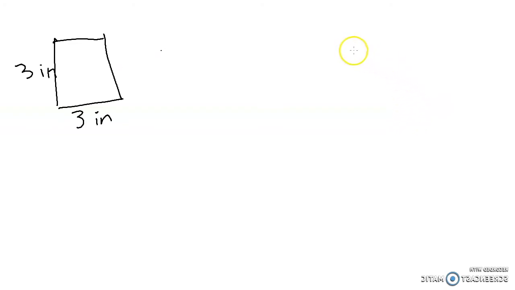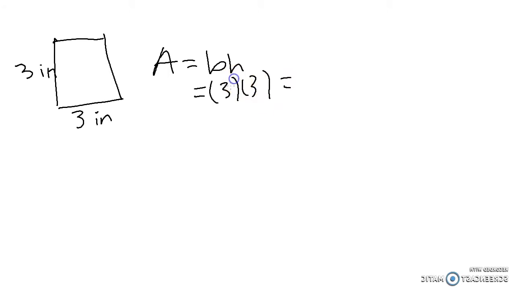You would find the area by multiplying base times height, which in this case was 3 inches times 3 inches, giving us an area of 9 inches squared. Remember, we said that area is square area, which means that there are 9 little squares on the inside of this whole rectangle.